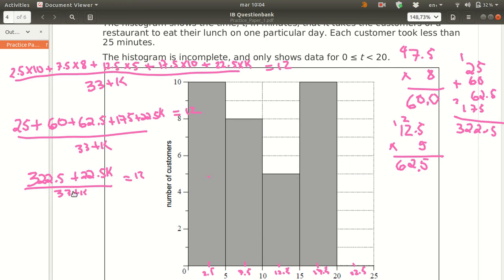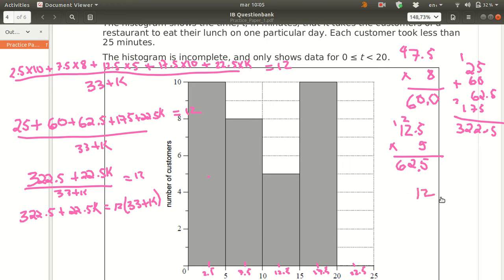So I'm going to multiply by this denominator. So I'm going to get 322.5 plus 22.5k is equal to 12 times 33 plus k. Let's distribute the 12.